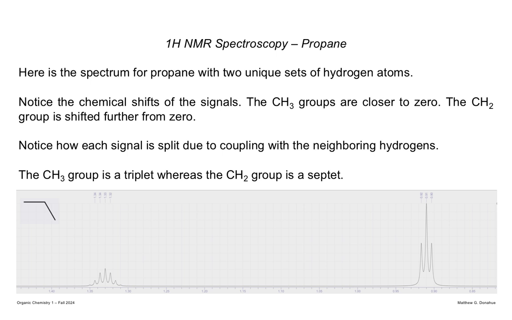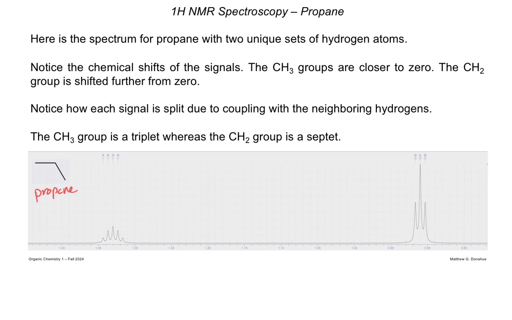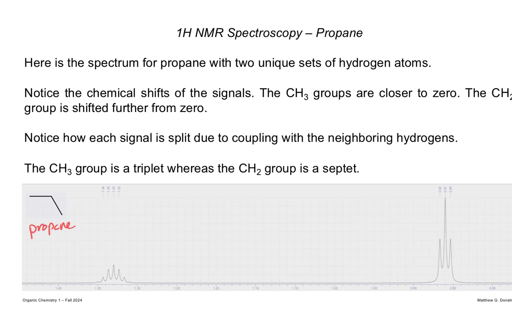So here is the spectrum of propane. This is a simulated NMR, so simulated or computed. So it looks nice and perfect. Normally NMR spectra don't look this nice.